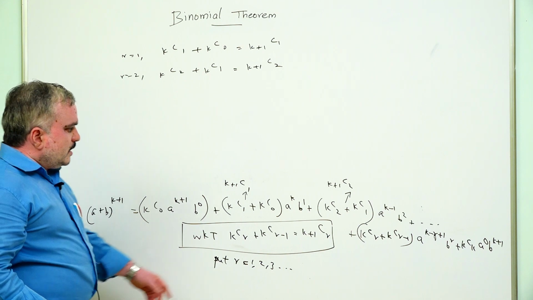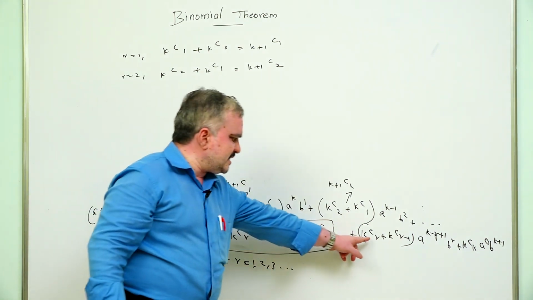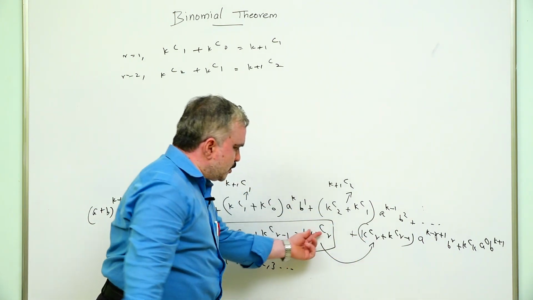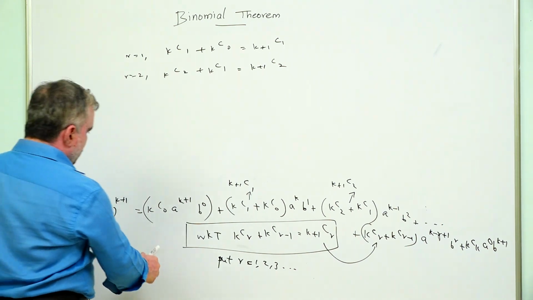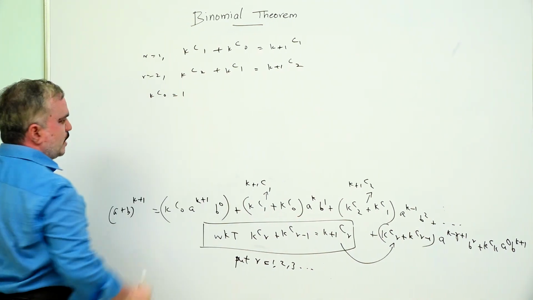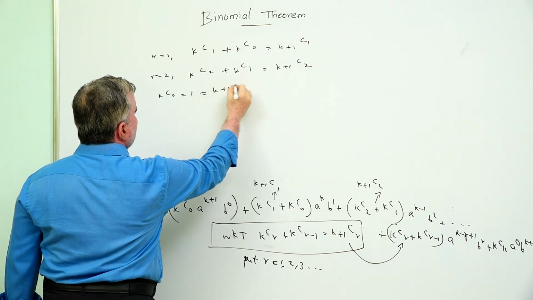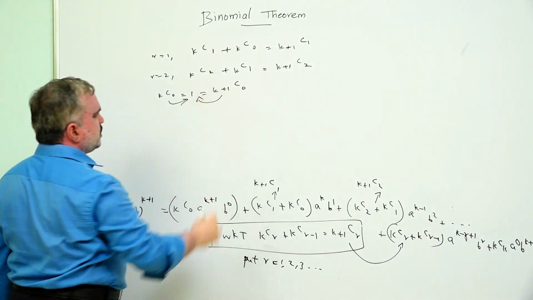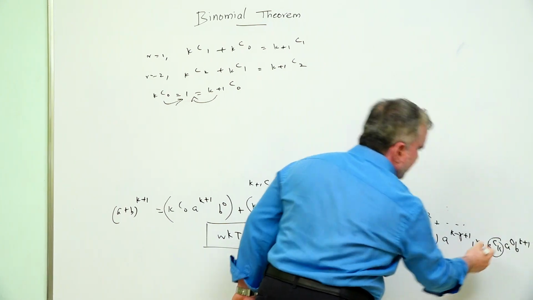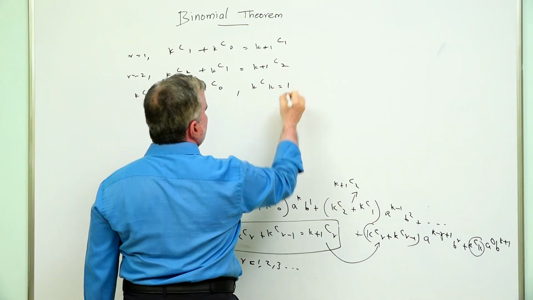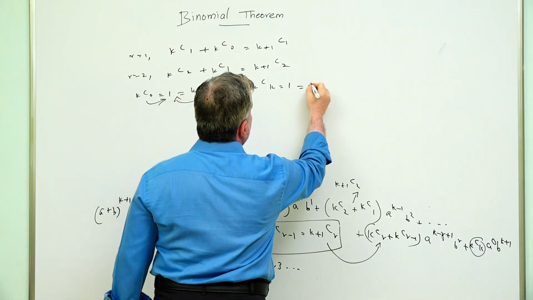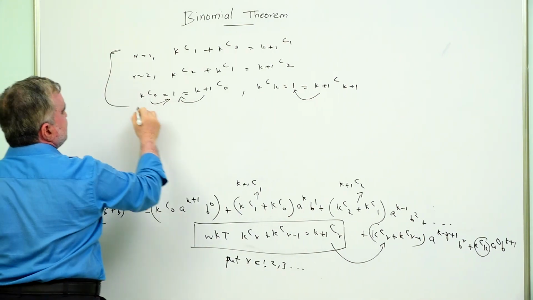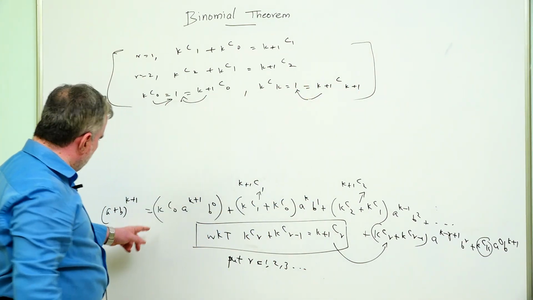Directly we use the identity kcr plus kcr minus 1 equals k plus 1 cr, and also we know that kc0 equals 1, so k plus 1 c0 is also 1. Similarly kck is 1, so k plus 1 c k plus 1 value is also 1.